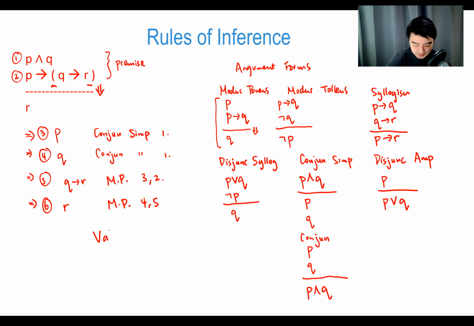We can say that this is a valid argument. And this is always how we're going to show validity for an expression. So if ever we're given a question, show the validity of this expression or of this argument, then we have to follow these steps.